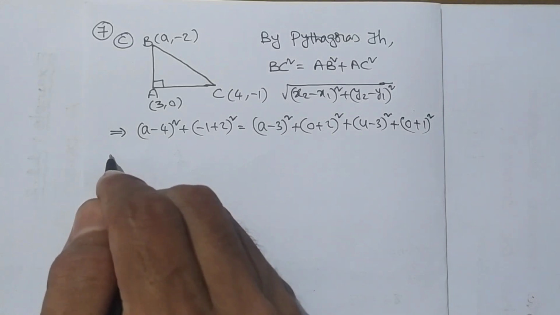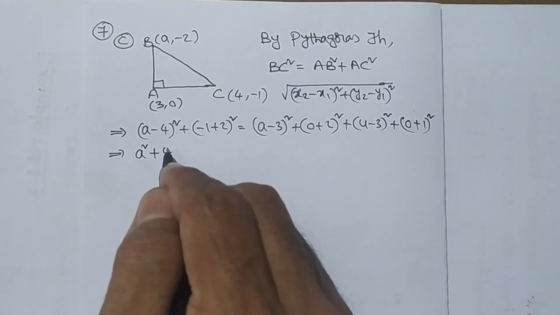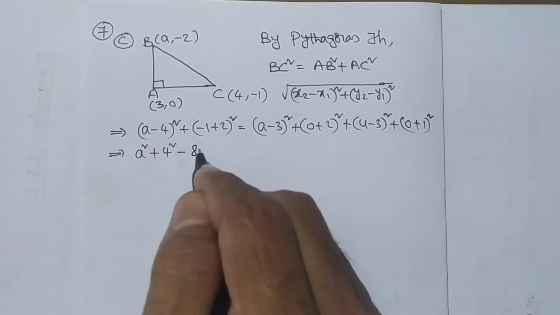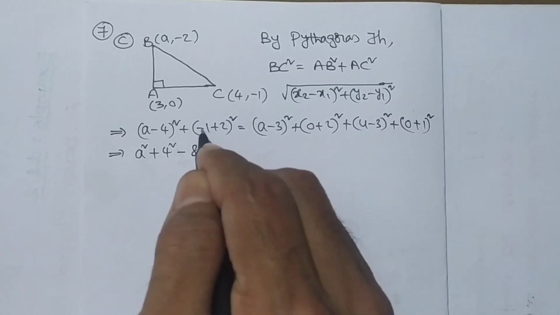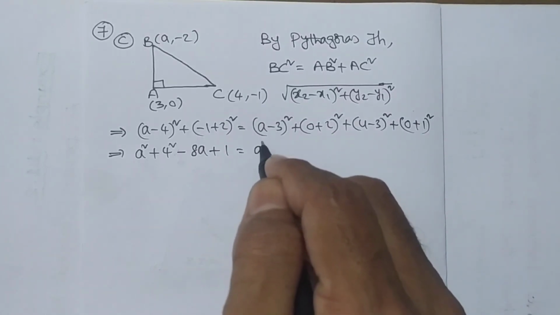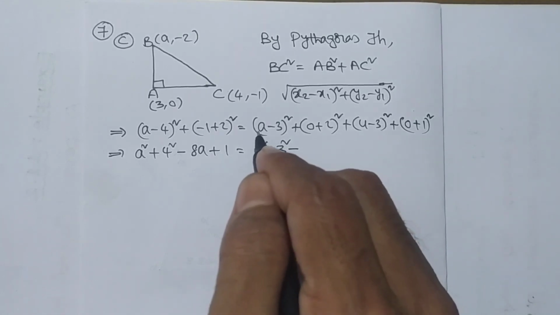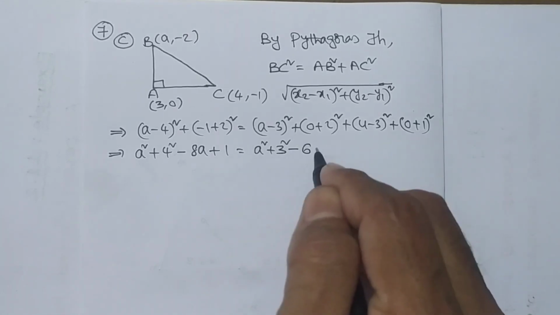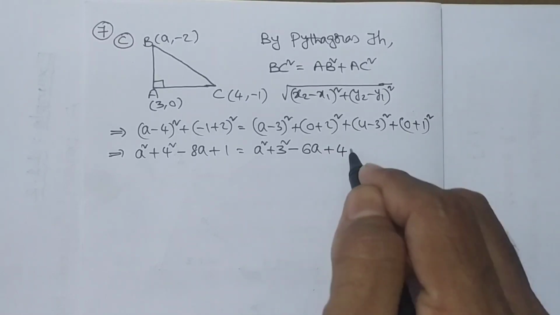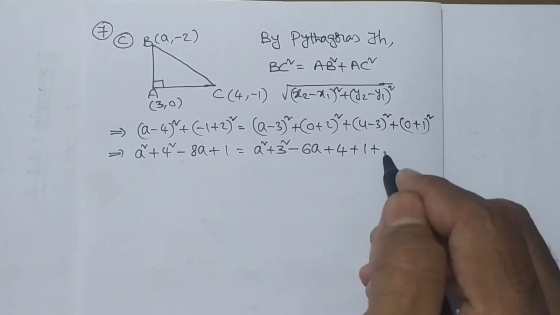Now here this is the (a minus b) whole square formula: a square plus b square minus 2ab. 2 into a into 4, that is 8a. 2 minus 1 is 1, 1 square is 1. This is again (a minus b) whole square: a square plus b square minus 2 into a into b. 2 into a into 3 means 6a. 0 plus 2, 2 square is 4. 4 minus 3 is 1, 1 square is 1. 0 plus 1 is 1, 1 square is 1.